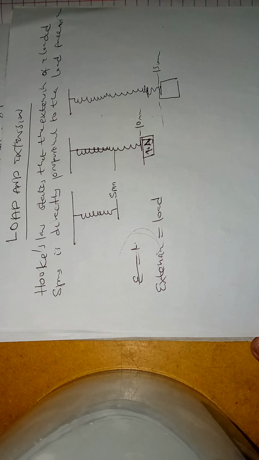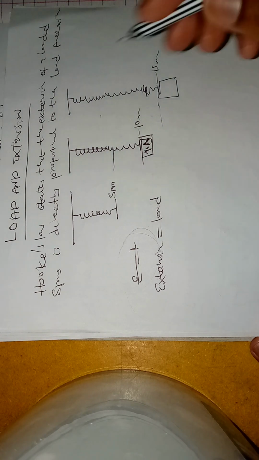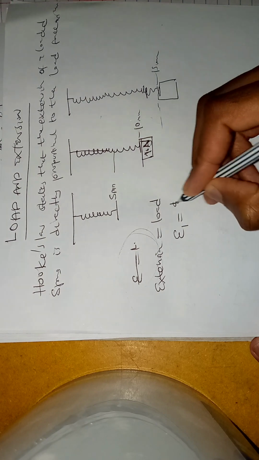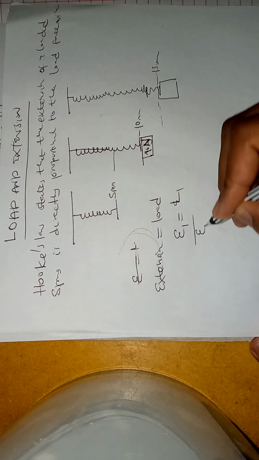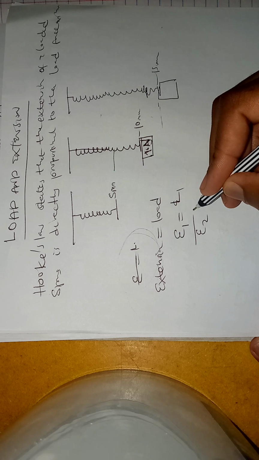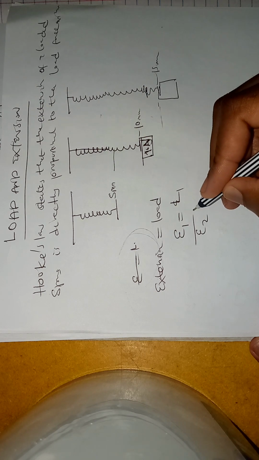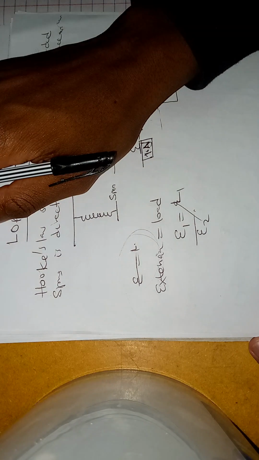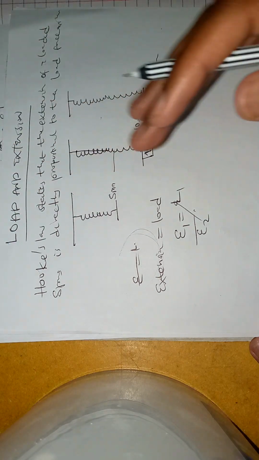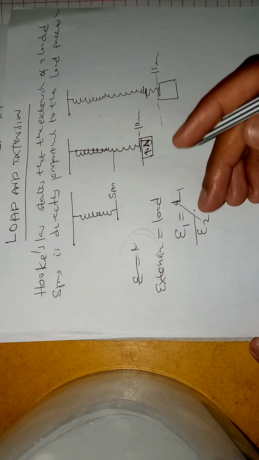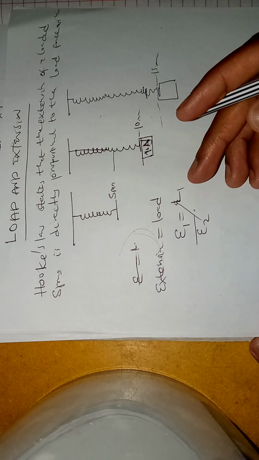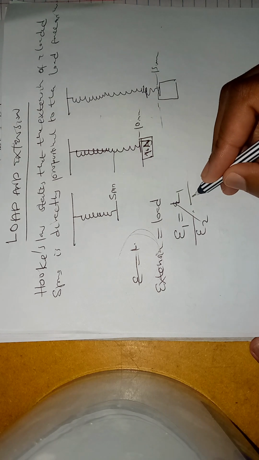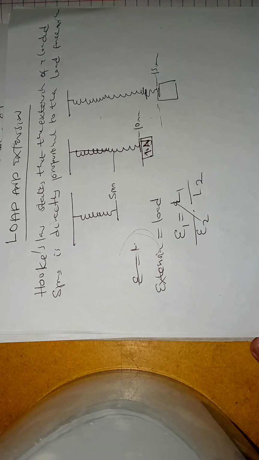So there is this formula to be using. We'll say extension 1 over load 1 is equal to extension 2 over load 2, like that.